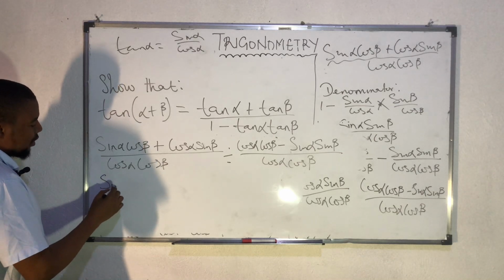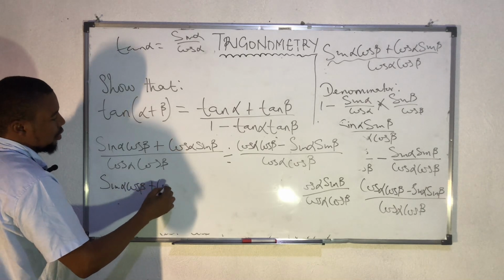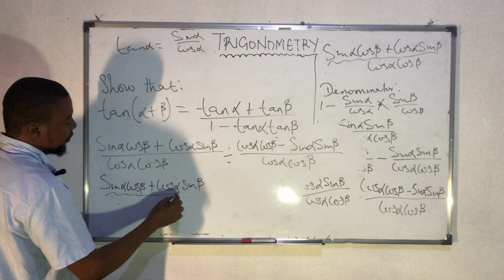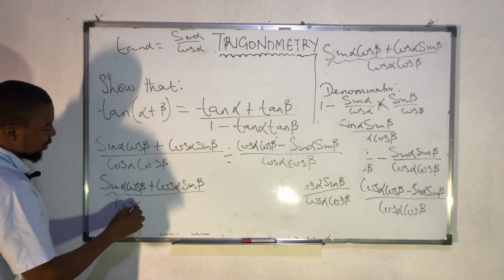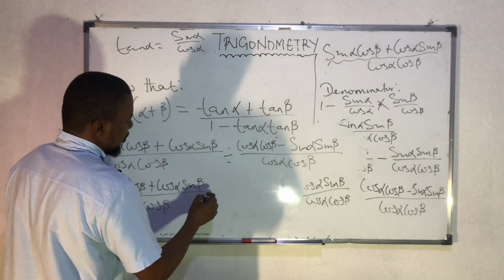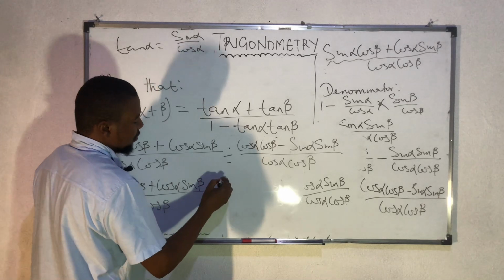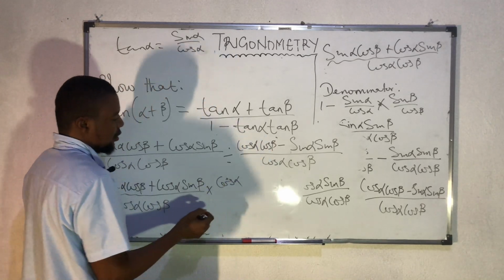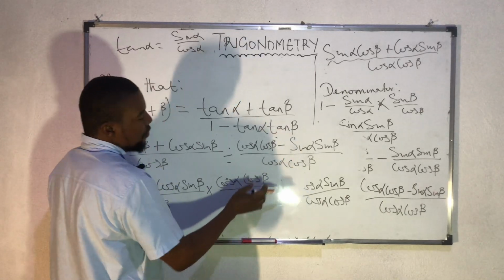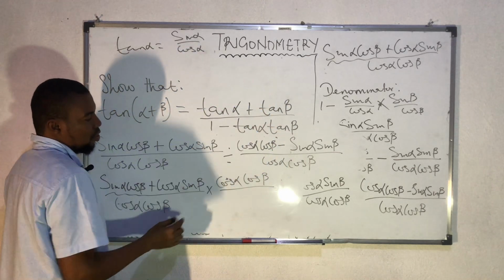This is now going to be sine alpha cos beta plus cos alpha sine beta over cos alpha cos beta times cos alpha cos beta over, remember we flipped them, the denominator now becomes the numerator and the numerator goes to the denominator.